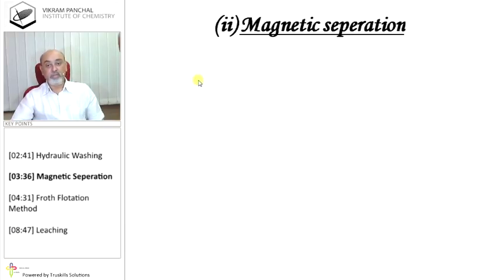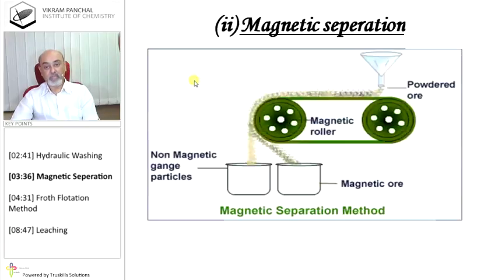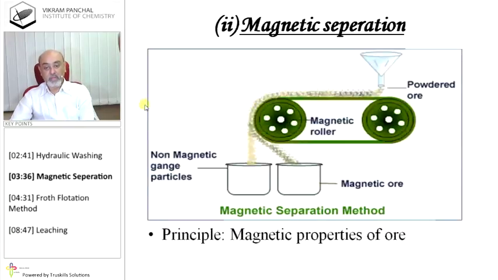Second method is magnetic separation. Here, if ore has magnetic property or gangue has magnetic property, then this method is used. This is a conveyor belt with its magnetic roller, and powder ore is charged on this conveyor belt.